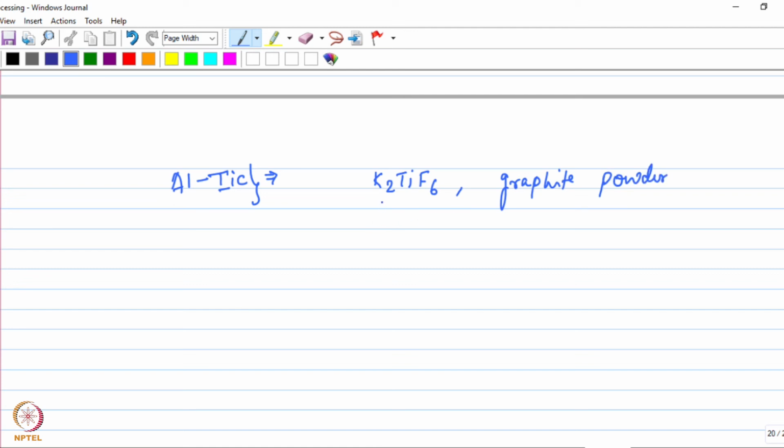So you mix these two powders of K2TiF6 and graphite in the required proportion according to the amount of titanium carbide which is needed in the final composite, and then you add that mix into the molten aluminium. This will again lead to a reaction like what we had before for the aluminium titanium boride composite. In this case, it is a little different in the sense that the titanium carbide will not be formed directly.